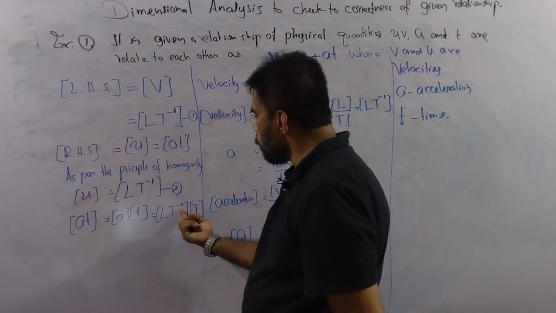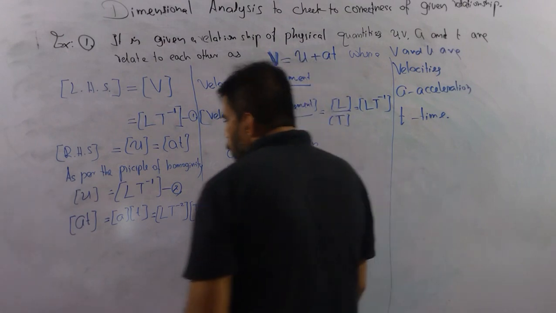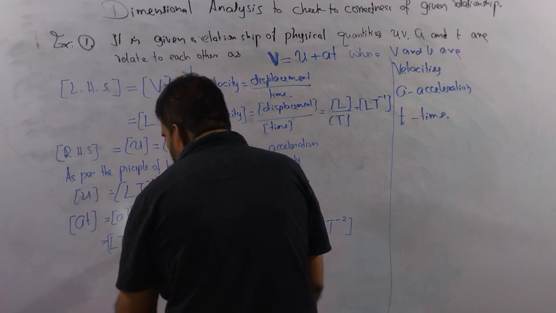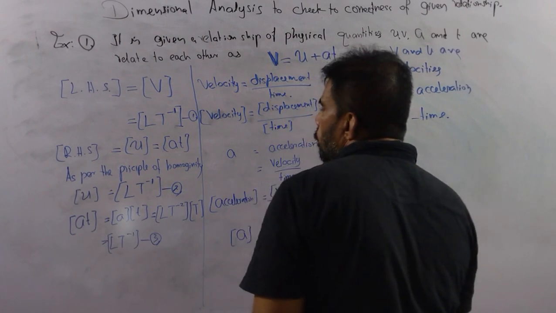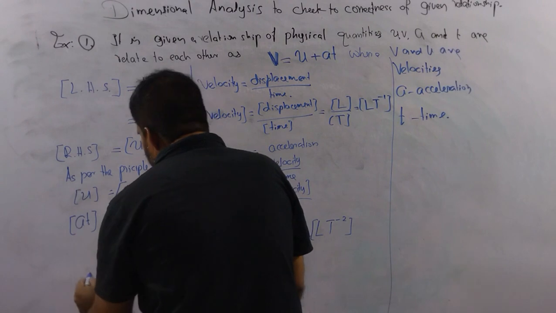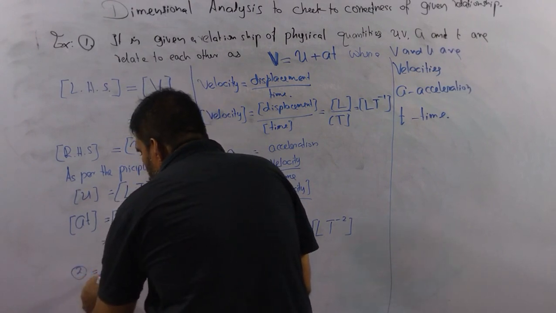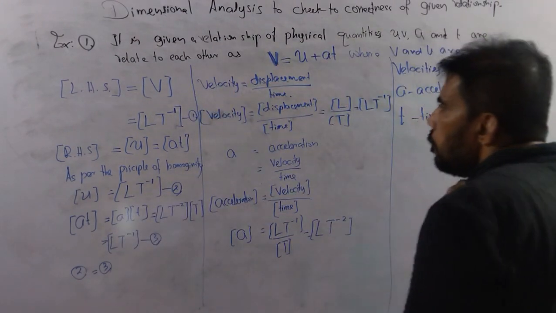Then T minus 2 multiplied by T to the plus 1 ends up with L T minus 1. That is my equation 3. So I can say 2 equals 3.